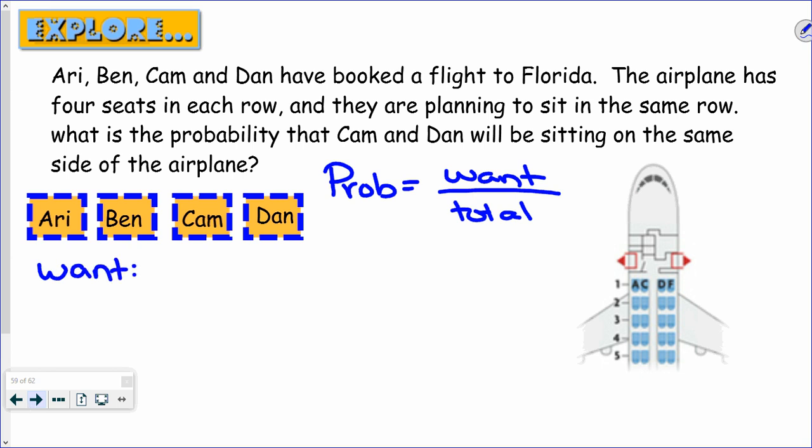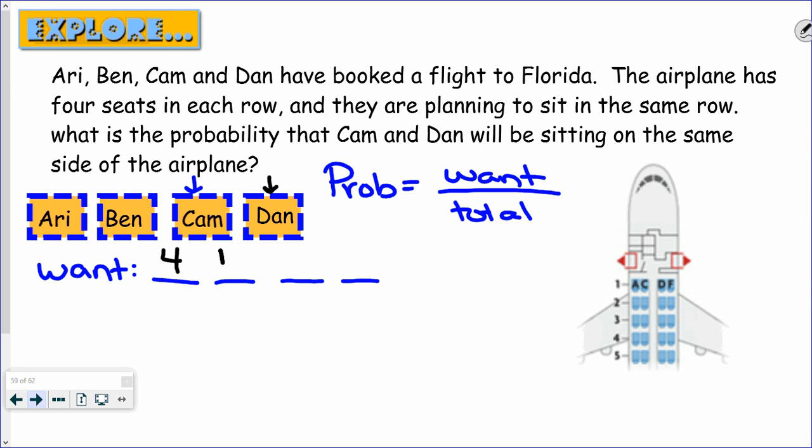So again, when I'm ordering people in a row, I start with the fundamental counting principle. And I always start with my restriction, Cam and Dan. So let's say I'm going to start with Cam. Cam walks onto the plane, and he has 4 different seats available to him. And he picks one. Now, Dan is my next restriction. Dan has to sit next to Cam.